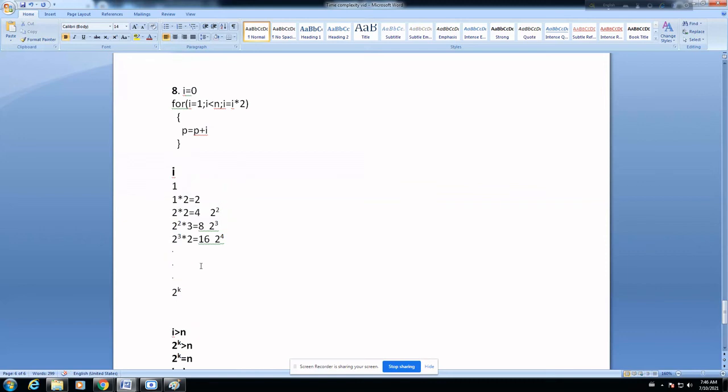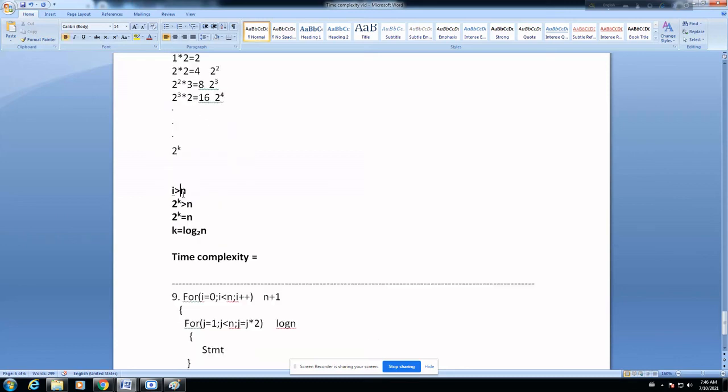So here look at this. This loop exits when? This loop exits when the value of i is greater than or equal to n. When the value of i is greater than or equal to n, it exits from the loop.